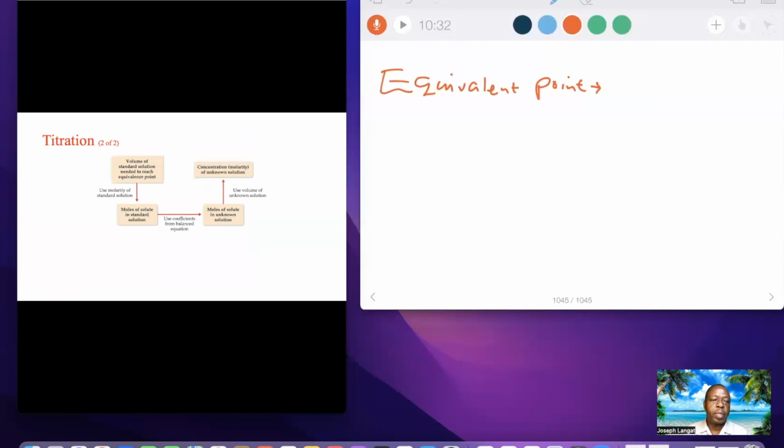It is a theoretical point. Before we come to this, let's understand the equivalent point.